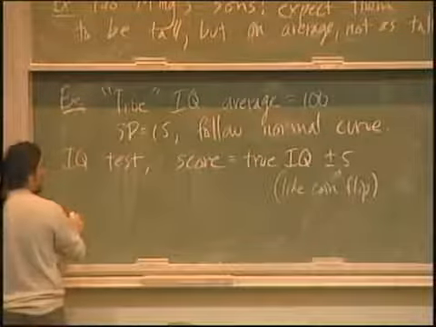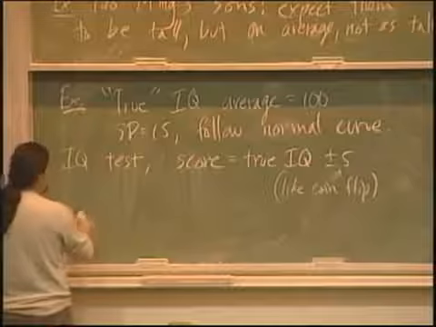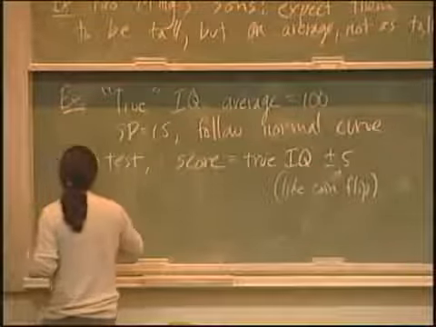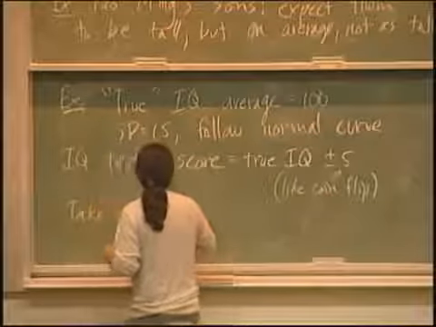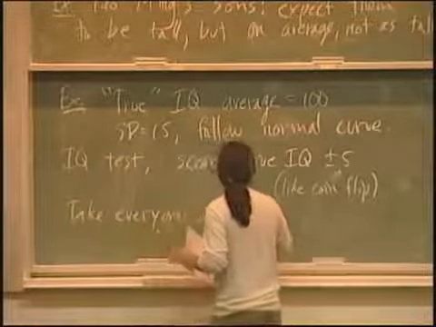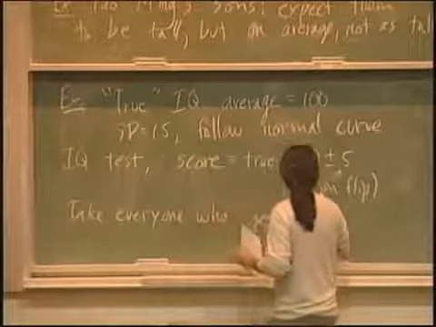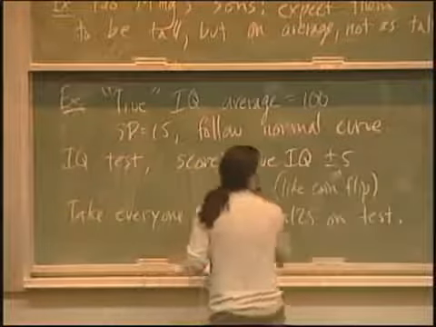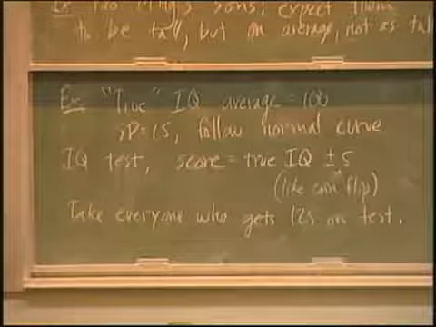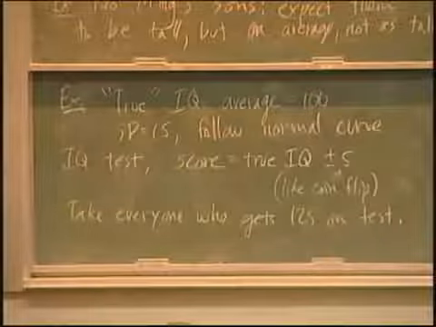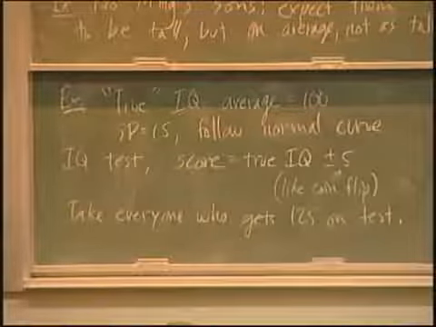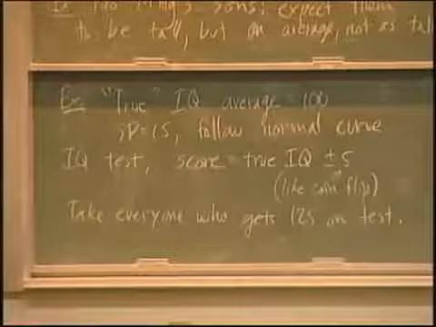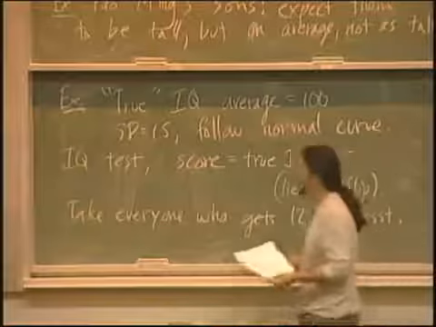So let's suppose you have a bunch of people that have a score of 125. Take everyone who gets 125. What are those people's true IQs? If you got a test score of 125, what's your true IQ? It has to be 120 or 130, right? So these people have true IQs of 120 or 130.